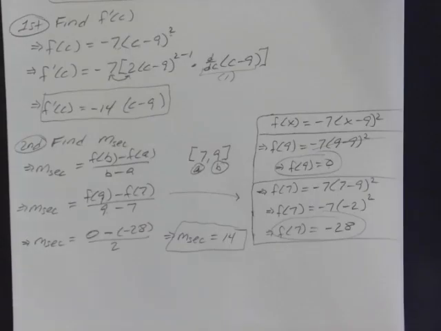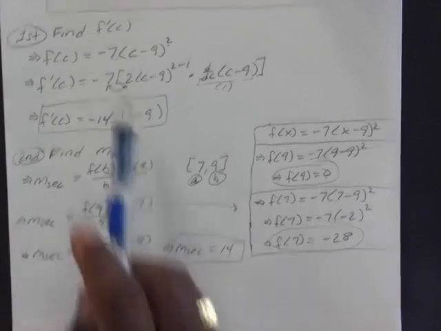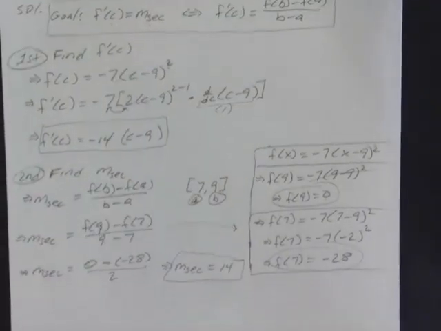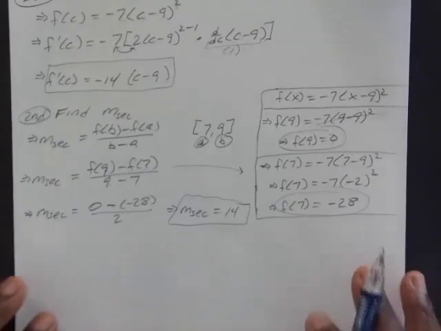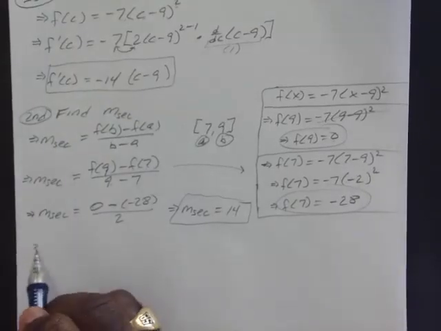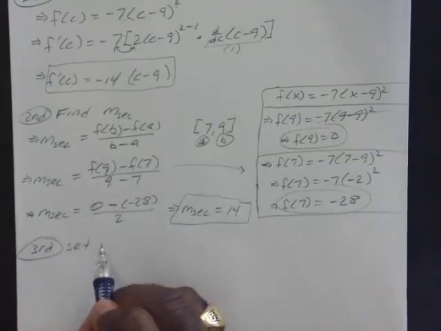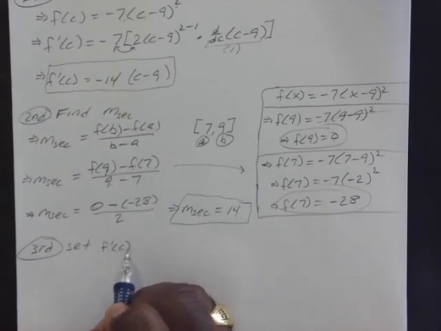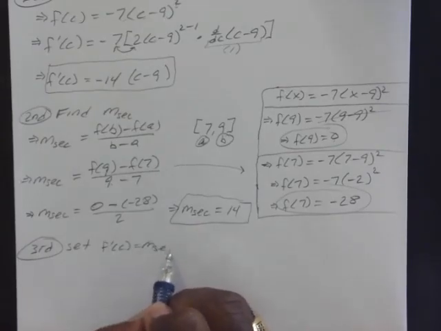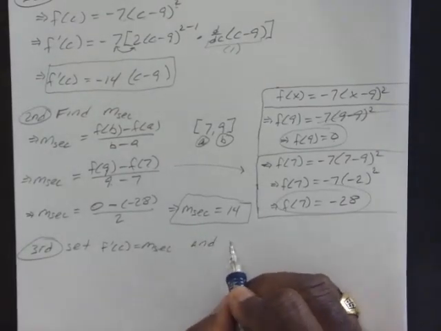So now the last step is to set these two equal to each other and solve for c. So we're going to set f prime of c equal to the slope of the secant line and solve.